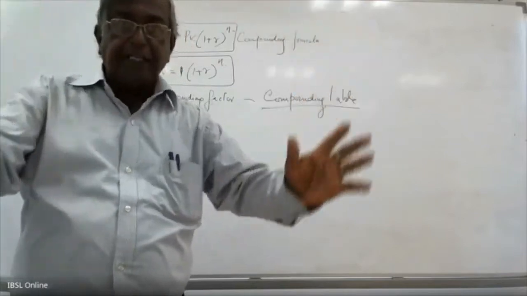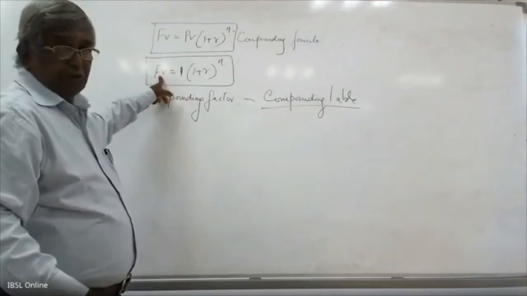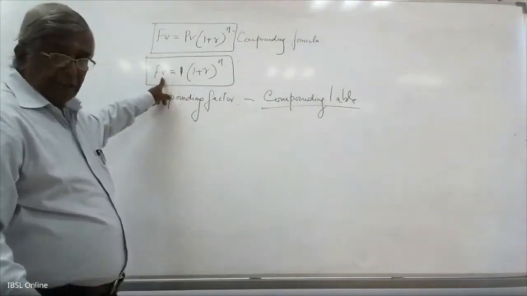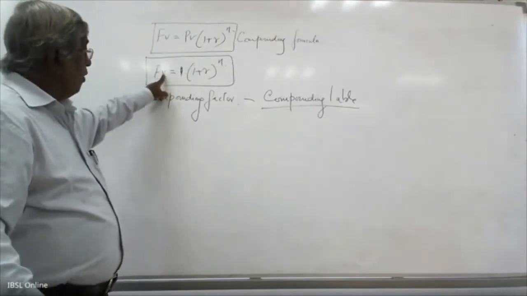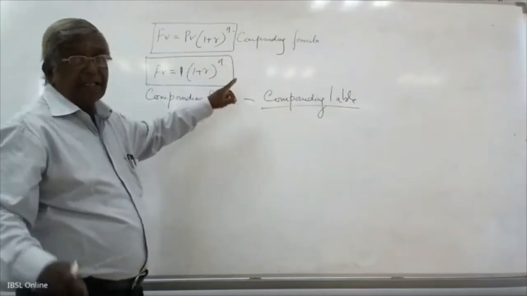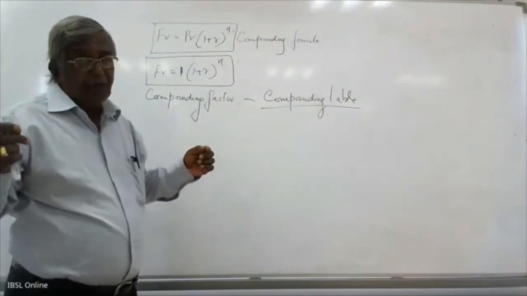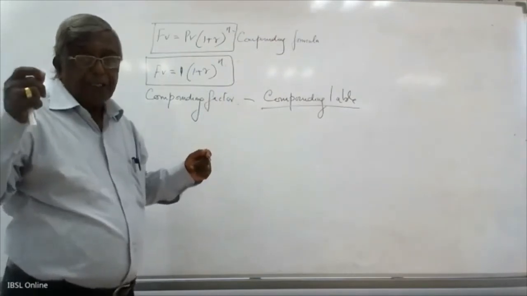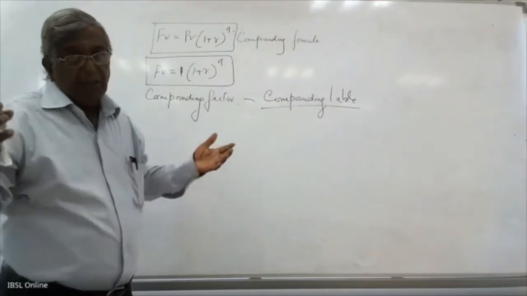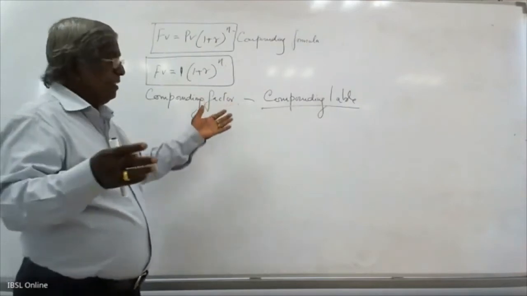In the compounding table, various future values, that is compounding factors, for different interest rates and different periods are given. So if you want to know the compounding factor for a particular period or a particular interest rate, you can refer to the compounding table and look it up.